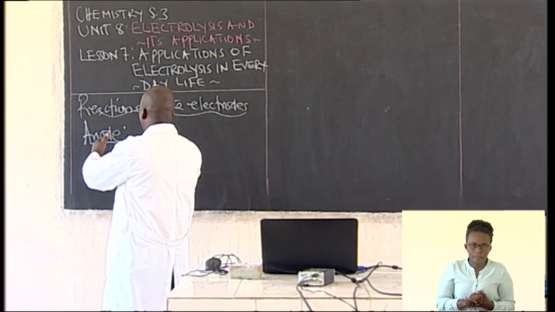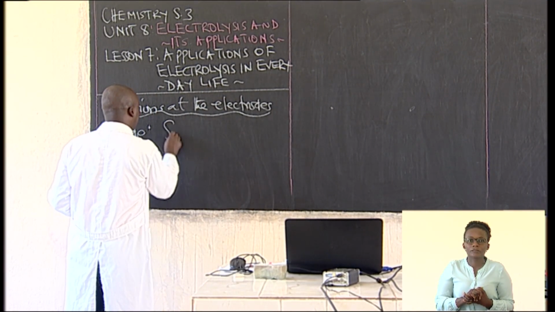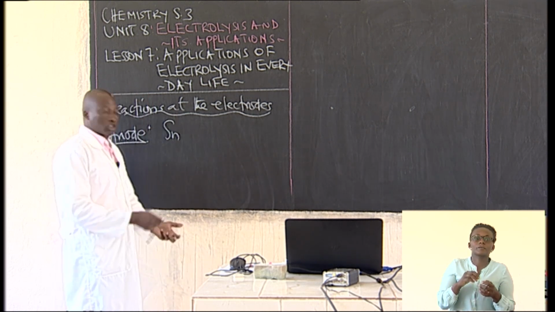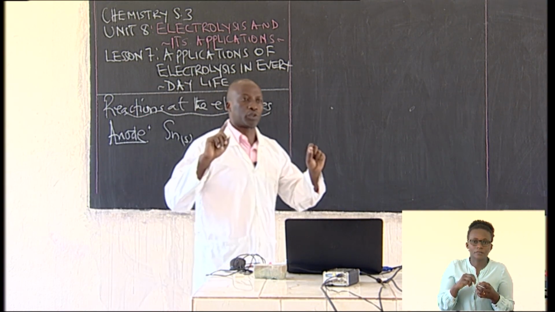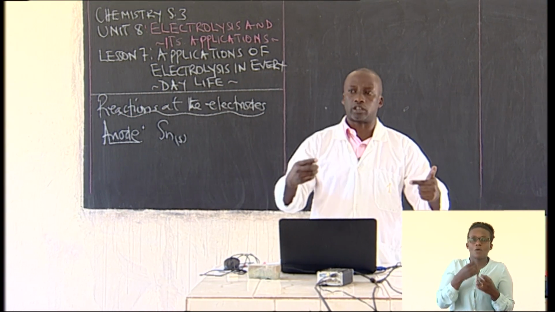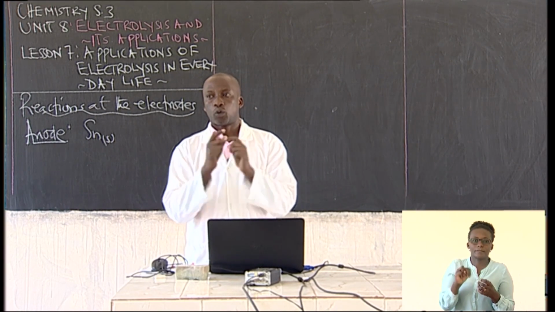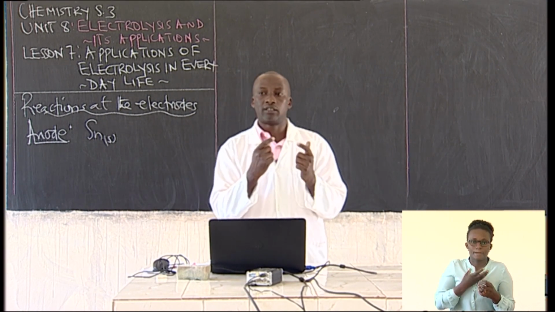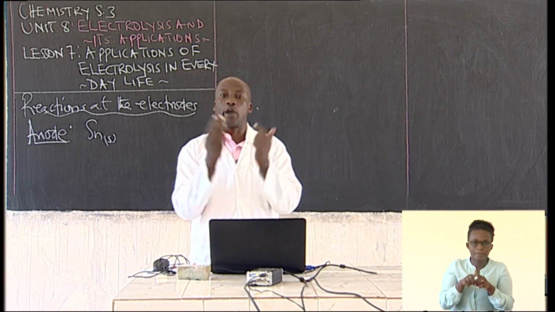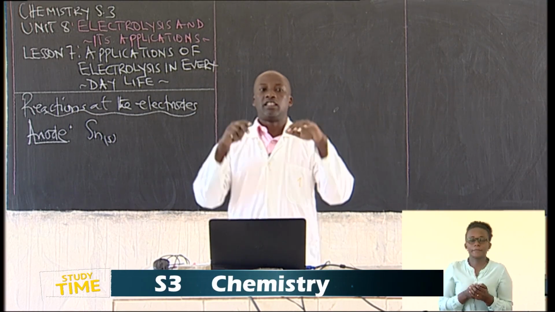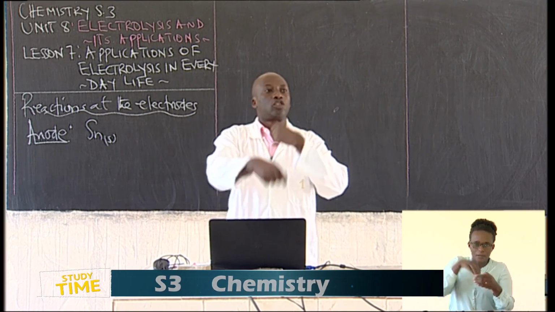So you have the anode, which is tin metal. It is in solid form. Remember the concept that we talked about in the previous lesson, of the nature of the electrodes when the electrodes are similar. When the electrodes are similar, the anode inserted into its solution starts dissolving.